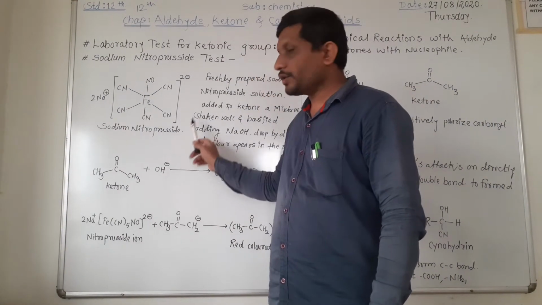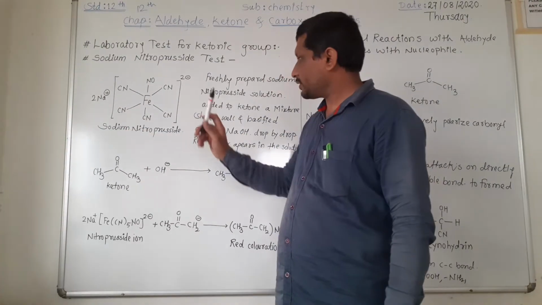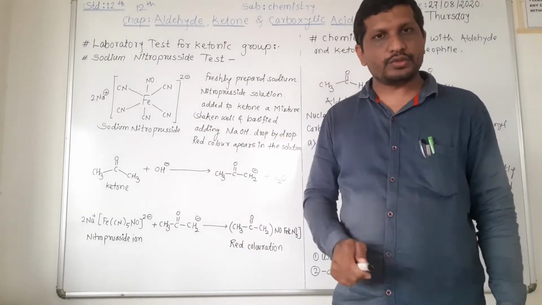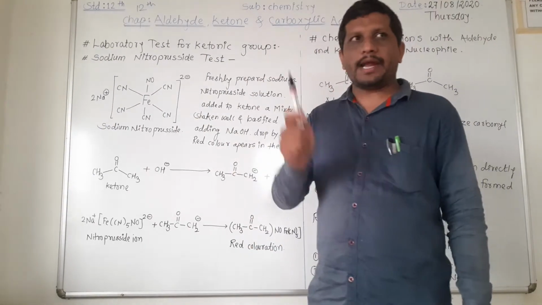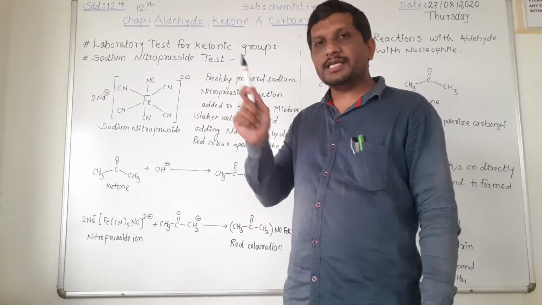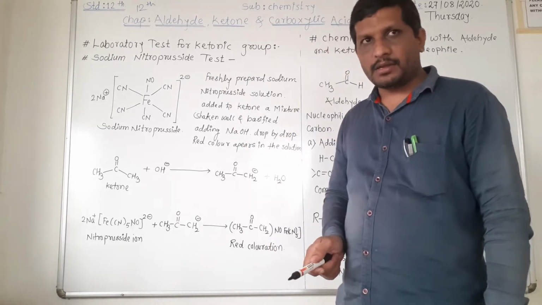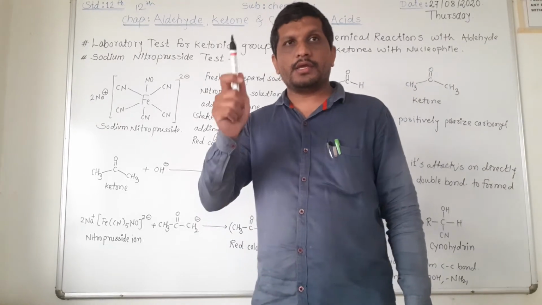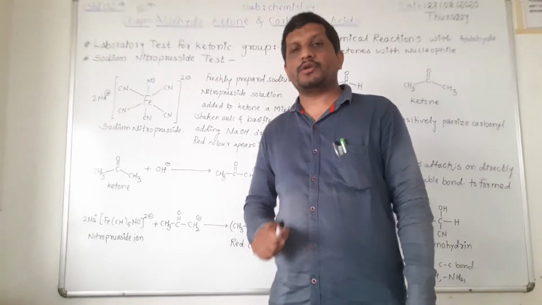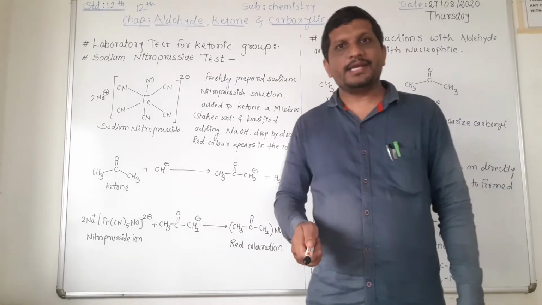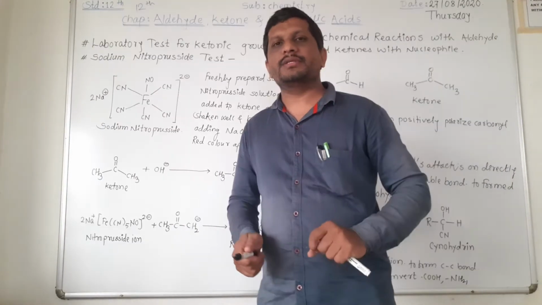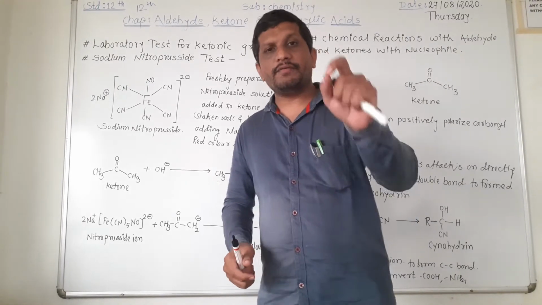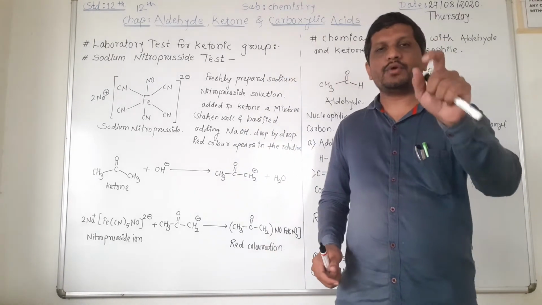This is the sodium nitroprusside structure, and this freshly prepared sodium nitroprusside solution is added to the ketonic solution, and this mixture is shaken well and basified by addition of sodium hydroxide drop by drop, and finally you get a red coloration of this solution, and it identifies that the given compound contains the ketonic functional group.